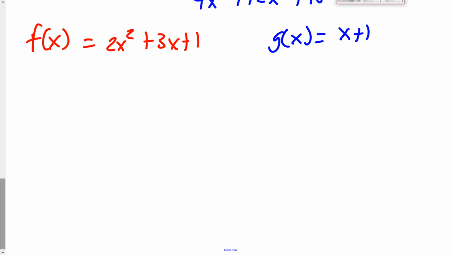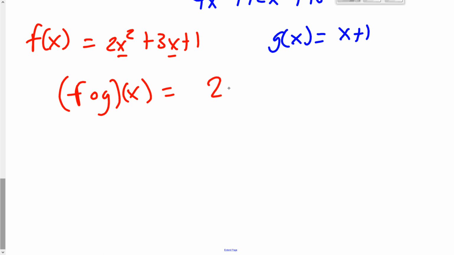Okay, let's look at a more complicated one, right? Because here now on f, we have multiple x's. So that means if I plug g into f, if I do f of g of x, I've got to take my f, which is 2x squared plus 3x plus 1, and place my g, which is x plus 1, in for these x's.